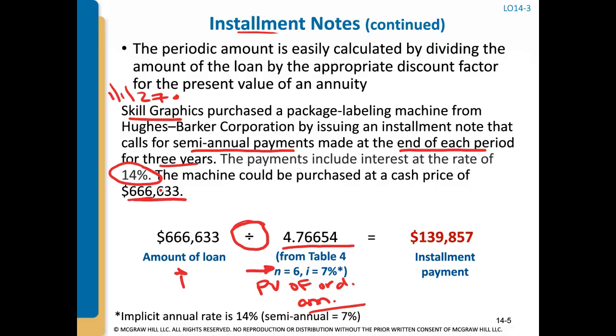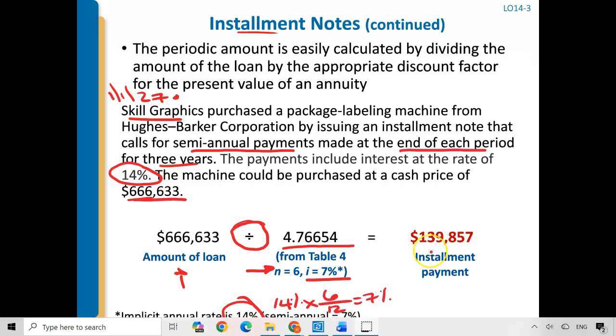N equals 6, because we have 6 payments. We have semi-annual payments for 3 years. And I equals 7%, because our interest rate is 14%, but because we have 2 payments per year, we take that 14% and we have payments every 6 out of 12 months, so that equals 7%.